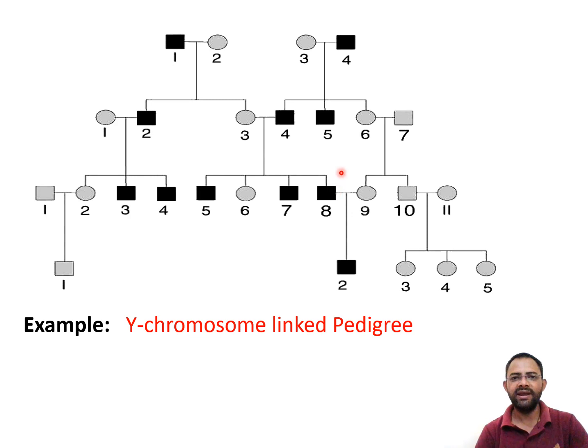While on the other hand, the females don't have any Y chromosome, whereas all the males must have a Y chromosome to be a male. And these Y chromosomes they get from their father. Now it is clear that this is a Y chromosome linked pedigree.